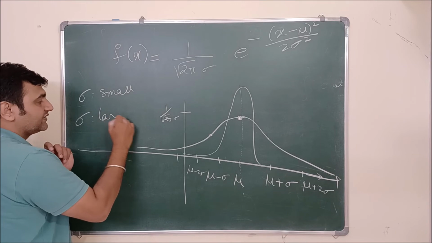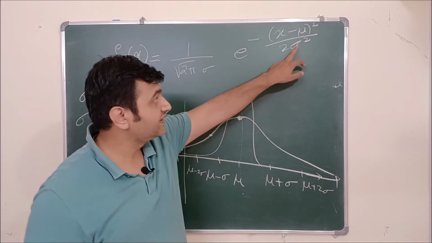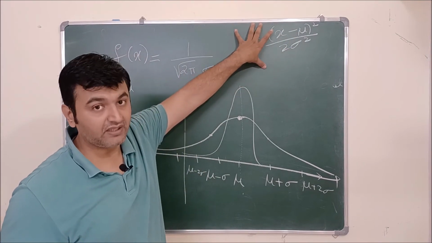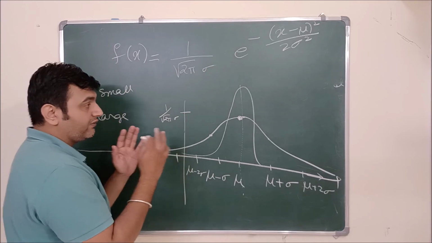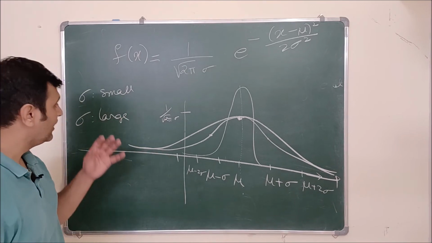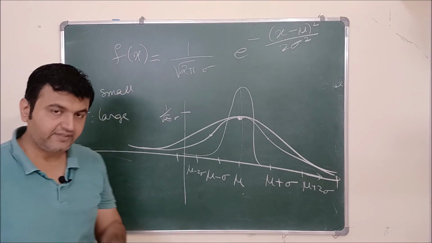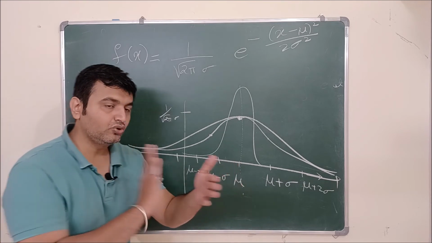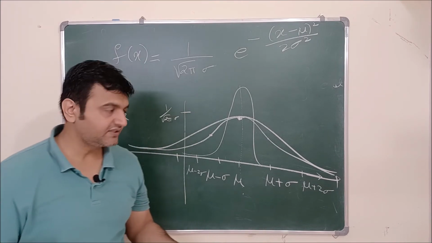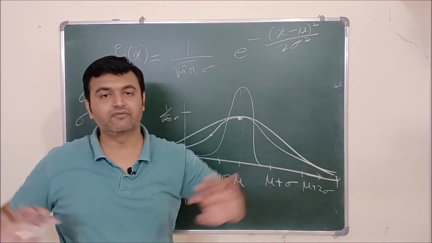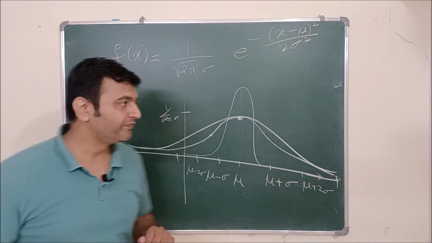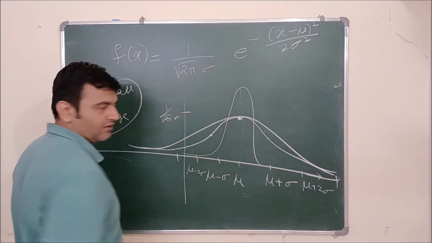When your sigma is large, that means large standard deviation and large variance, therefore the ratio will be small, but you are taking negative, so this quantity will be large. So the data will be more spread out from the mean. So when variance or standard deviation is small, data is more clustered towards the mean, and when it is large, data is more spread out from the mean. That's a small observation from looking over here.